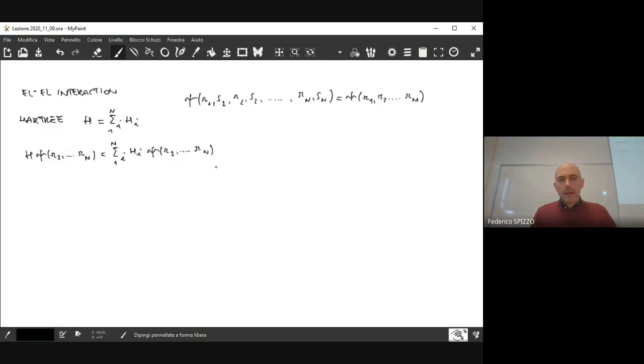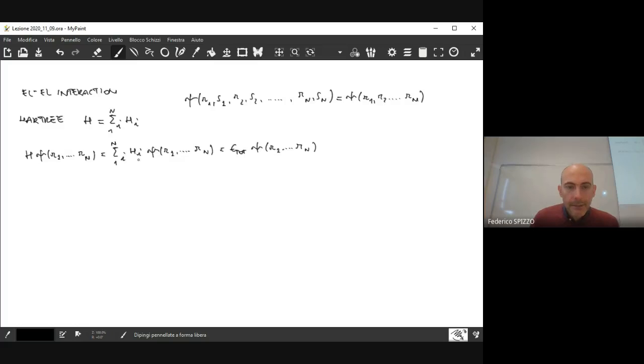So now in principle this is the new problem. So we should write here this as a, and this should be equal to the total energy of the system times the electronic wave function.